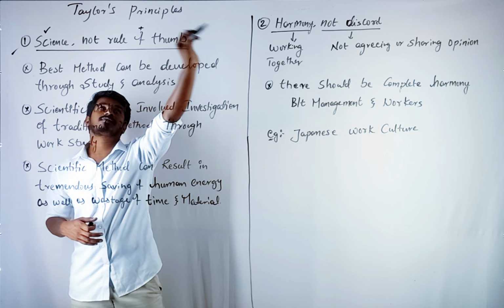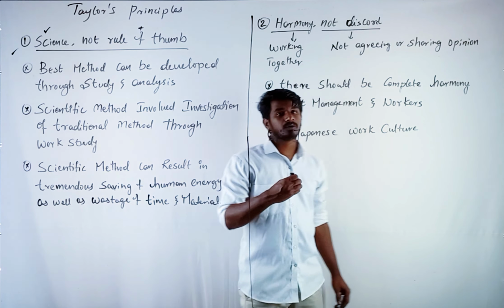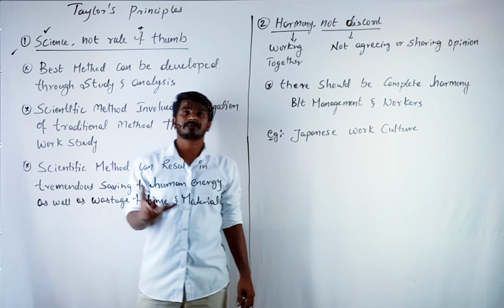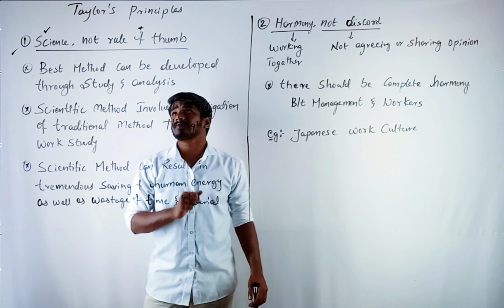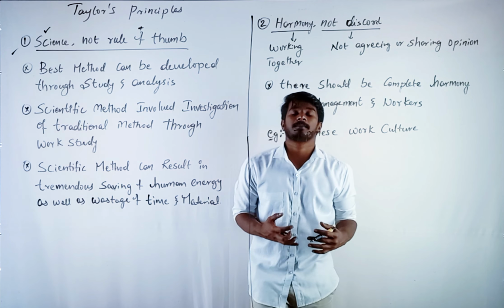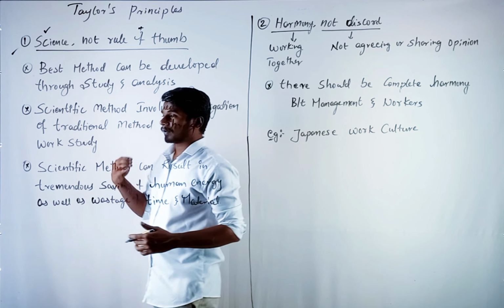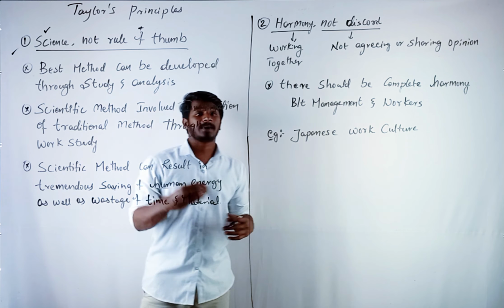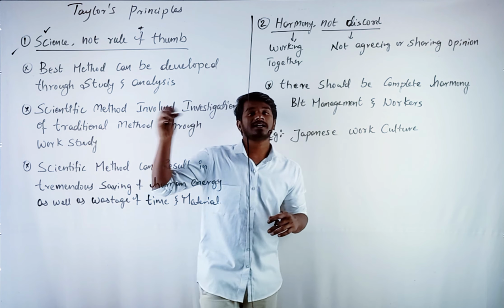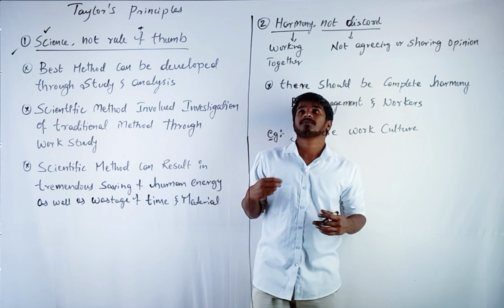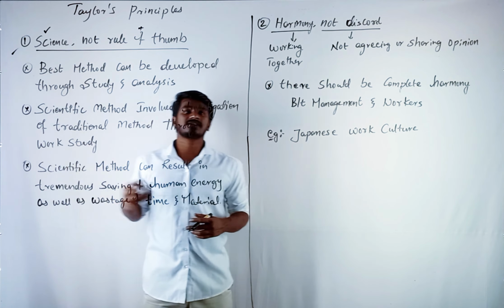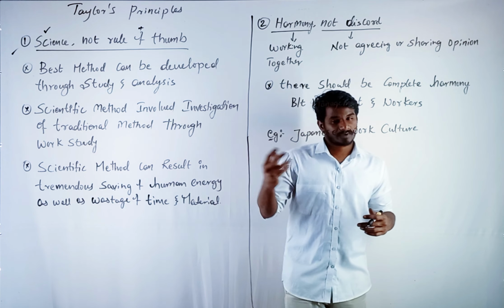What is rule of thumb? Science we already know is a scientific method, a calculated or measured method. Rule of thumb means a method followed by one's own experience, or what someone told, or some past traditional methods being followed.